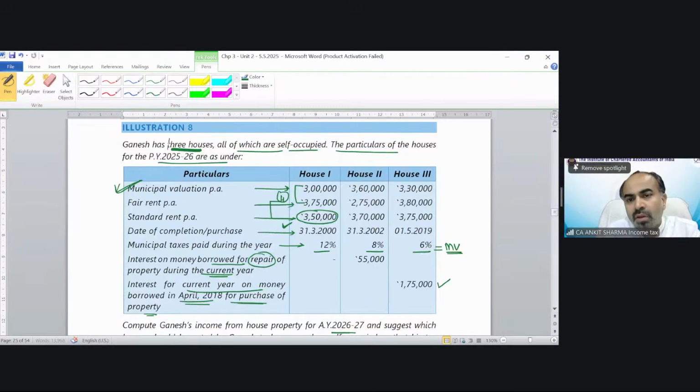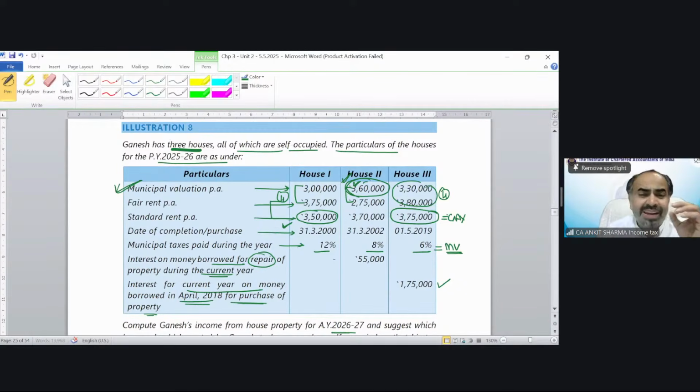Then 360, 275. Higher is 360. 360 and 370, whichever is lower. So in this case, GAV would be 3,60,000 in the second house. Clear? Then 330, 380. Higher is 380. 380, 375. So the lower would be the GAV. So this is the GAV for house number 3.